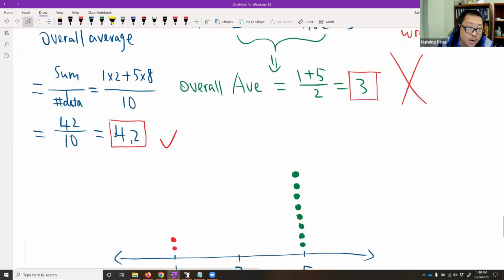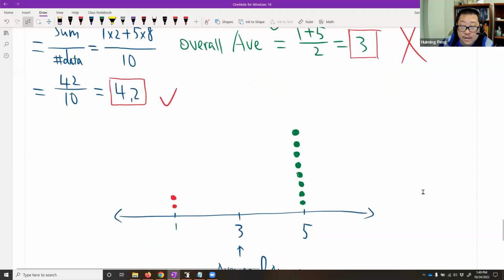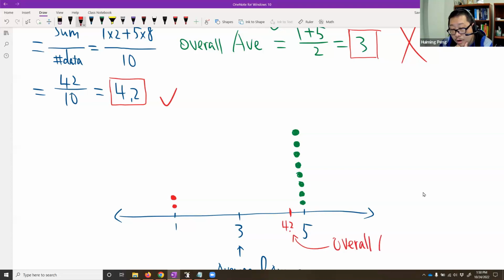I calculated the overall average as 4.2. Where is 4.2? 4.2 is here. It's very close to 5. And this is the overall average. Is that true?